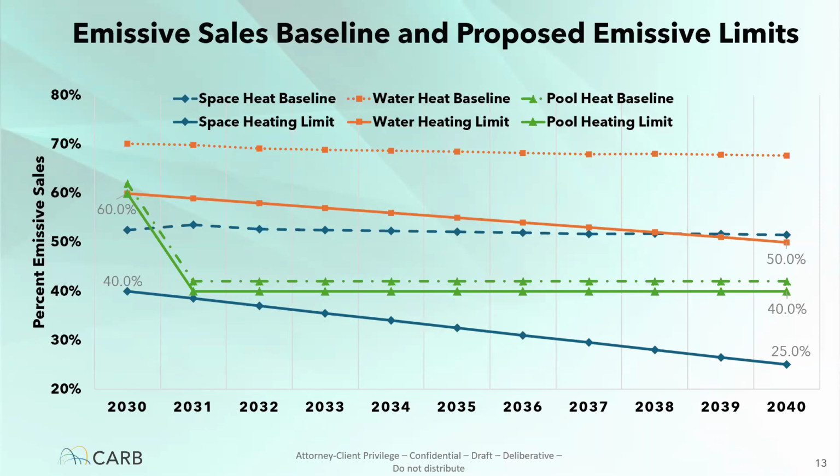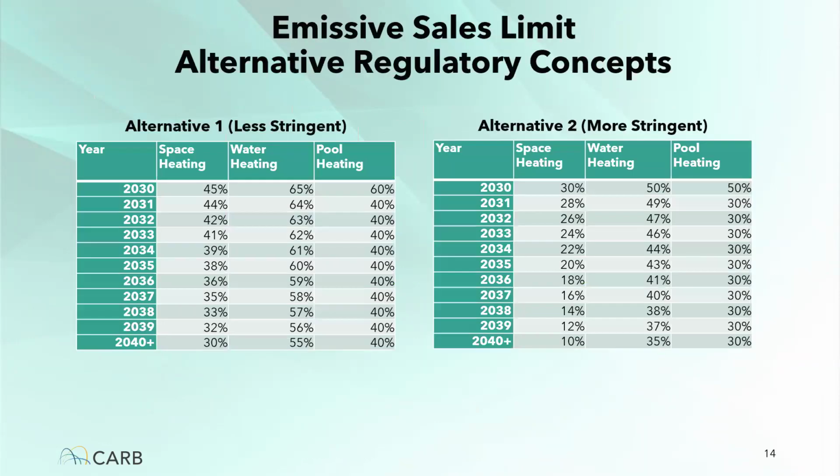During the public comment portion of the agenda, we'll be asking for feedback on these proposed gradually decreasing emissive equipment sales limits. We look forward to your feedback on these draft limits at that time.